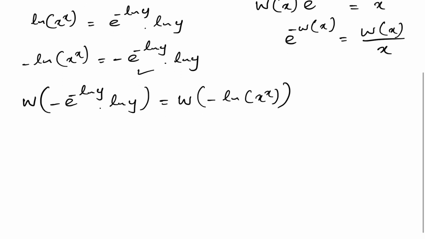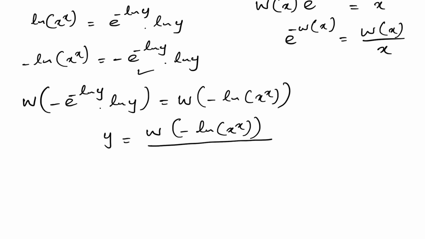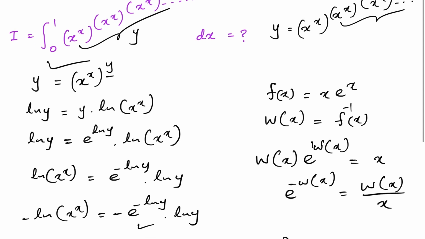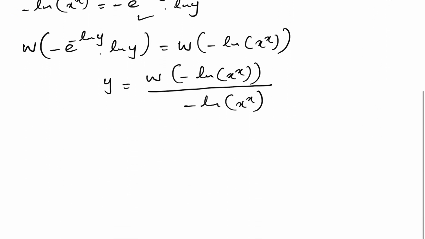Well, now we can isolate the y. So y is equal to W of minus natural log of x to the x over minus natural log of x to the x. Okay, then our integral I here. Now we can write I is equal to, we know y, so I is equal to the integral from 0 to 1 of W of minus natural log of x to the x.